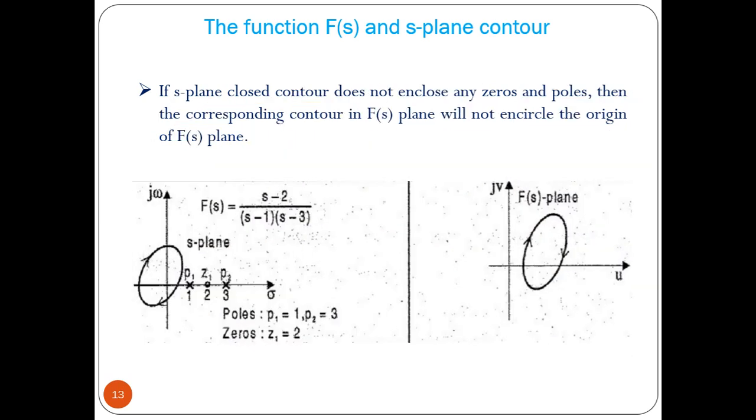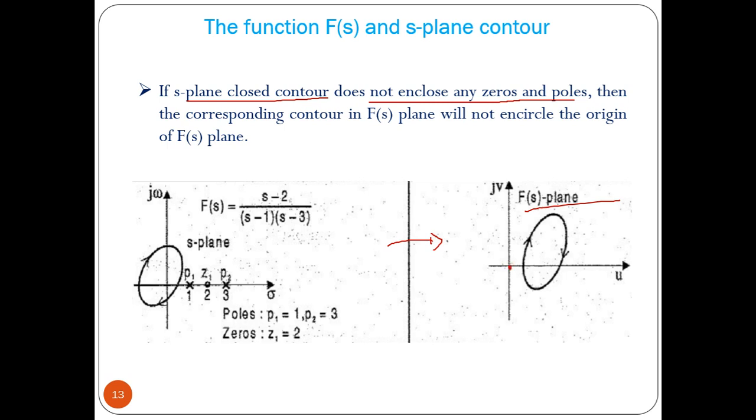Now another point: if the S plane closed contour does not enclose any zero and pole, that means in the contour in the S plane we don't have any pole and zero, then if we map that into the F(s) plane, what will happen?